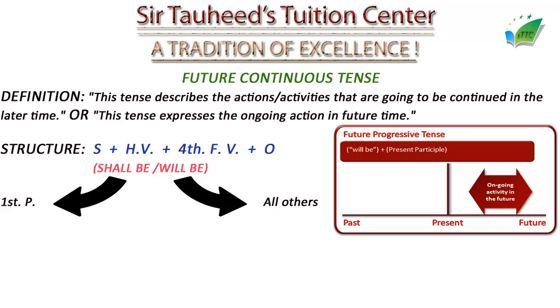Its definition is, this tense describes the actions or activities that are going to be continued in the later time, or this tense expresses the ongoing actions in future time. It means that whatever is going to remain continuing in future could be expressed with the help of this tense.